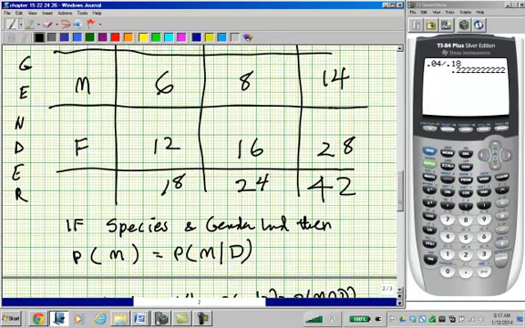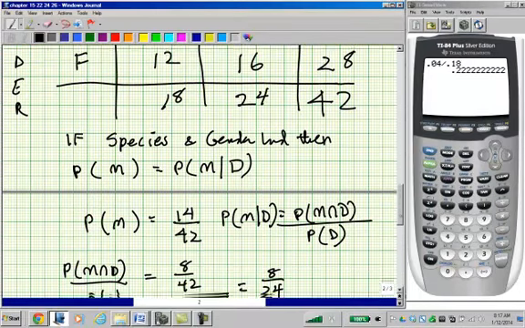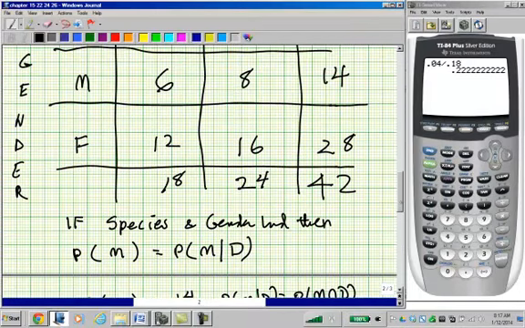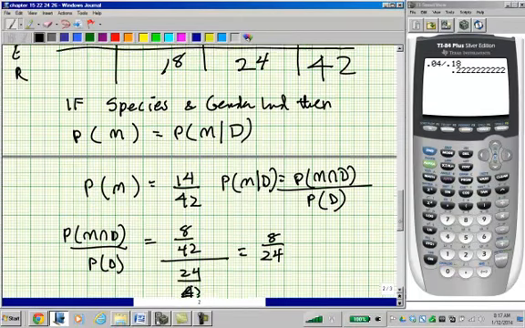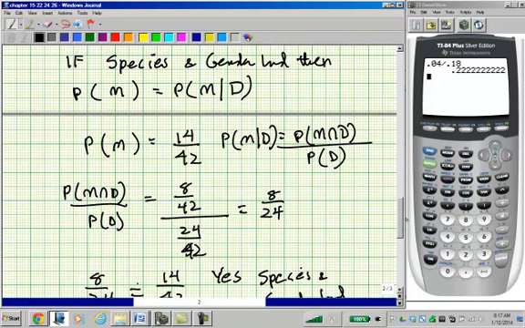So the probability that you're male is 24 over 42. Now, the probability that the animal is a male, given that they're a dog, is going to be the probability of male and dog divided by the probability of dog.